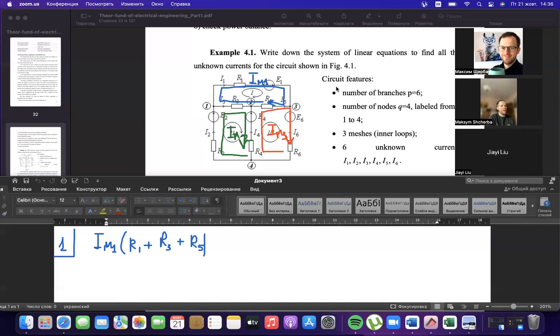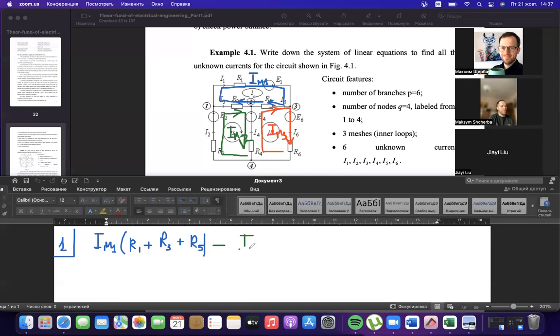As we see on the arrows, the green one is oppositely directed, and the red one is also oppositely directed. That is why they will be with minus. And they flow only through the resistors that are inside this blue circle.